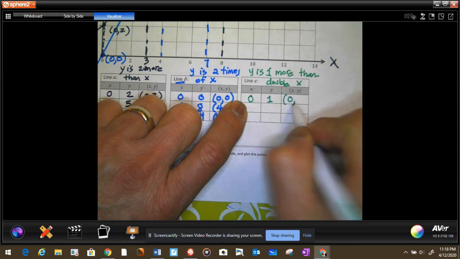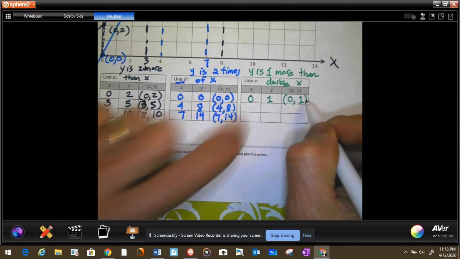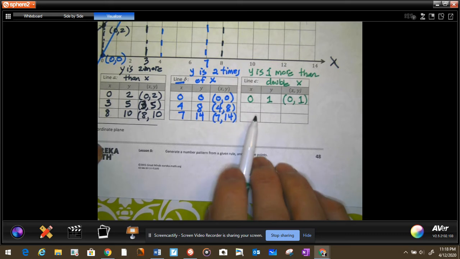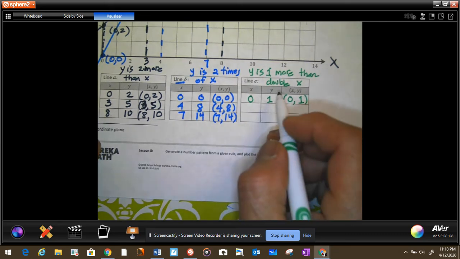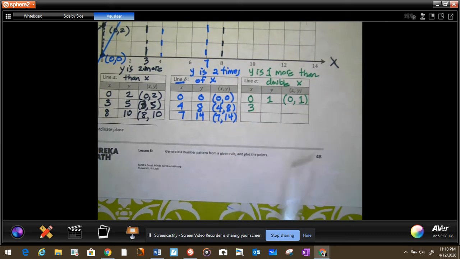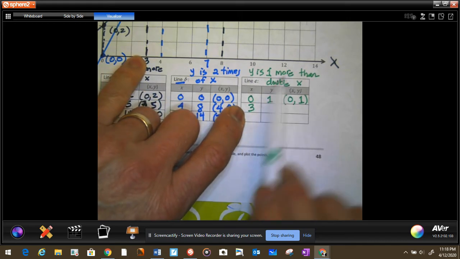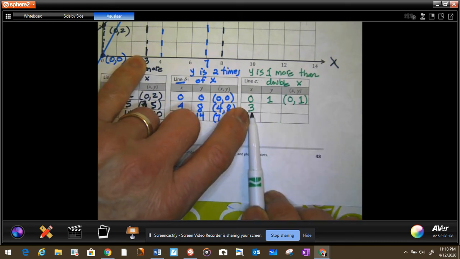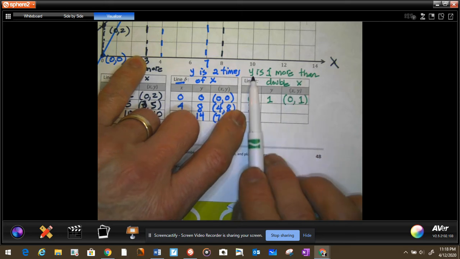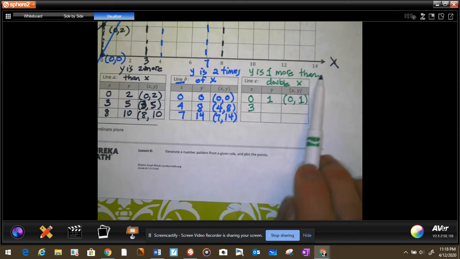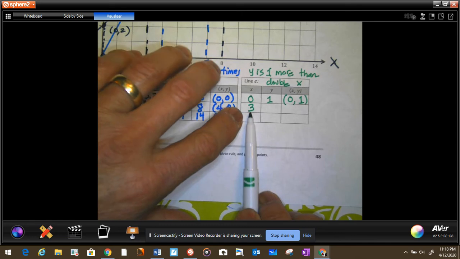Those two numbers become the coordinate pair for the first point. How about if we choose the number 3? So 3 is x. Y is 1 more than double x. So with double x, that will be 6.